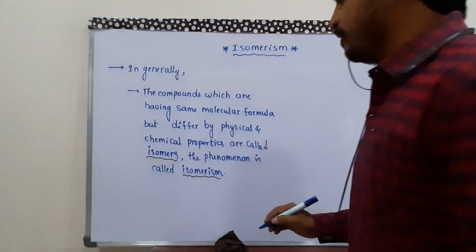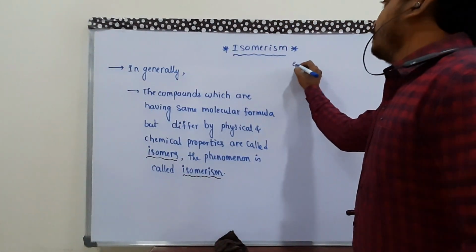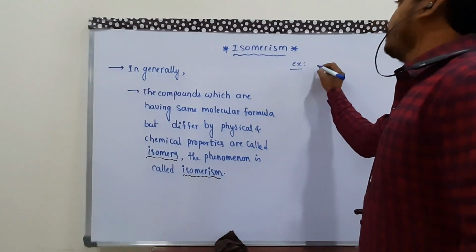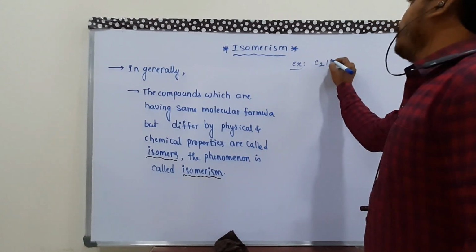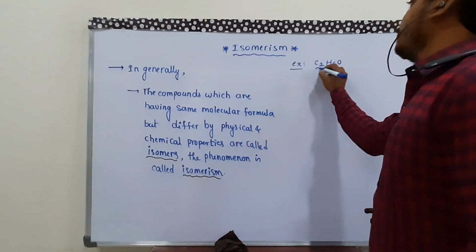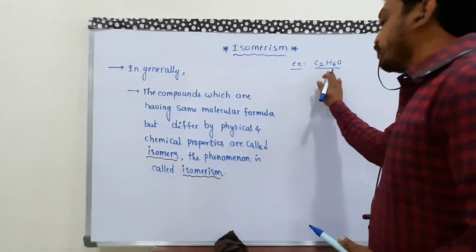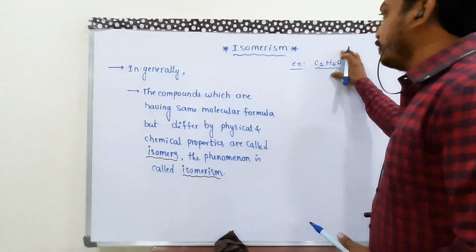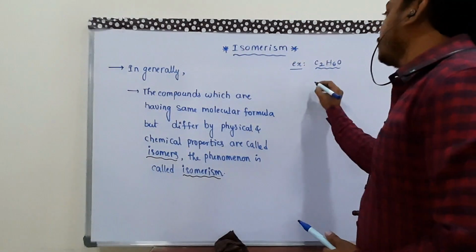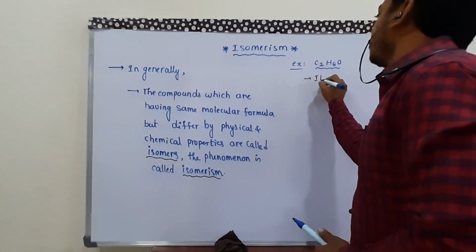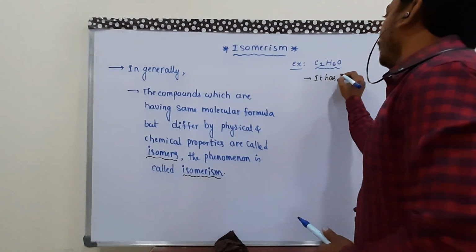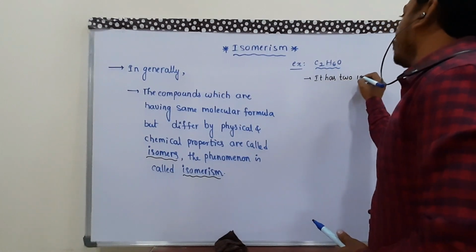The general example here is C2H6O. This is the chemical formula of the compound, and it has two isomers.